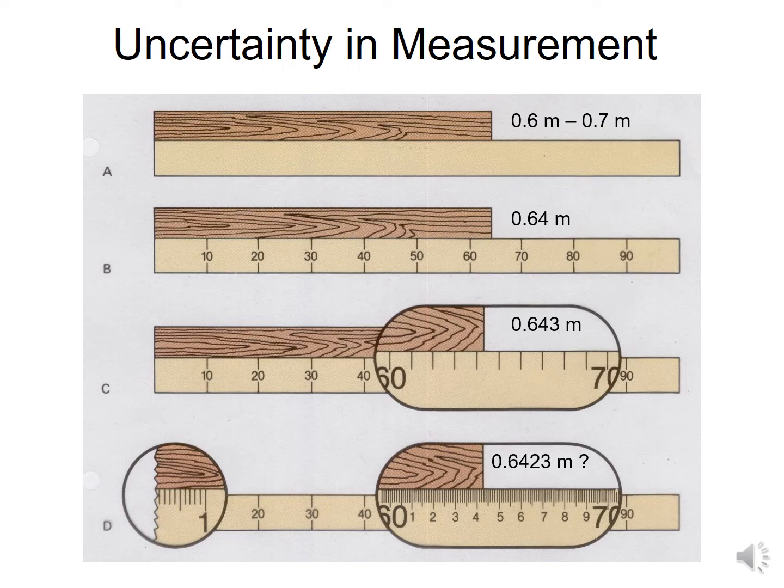And that last place is always uncertain because it's an estimation, and different people may estimate it differently. And so we come to what is known as the significant figures of a measurement.